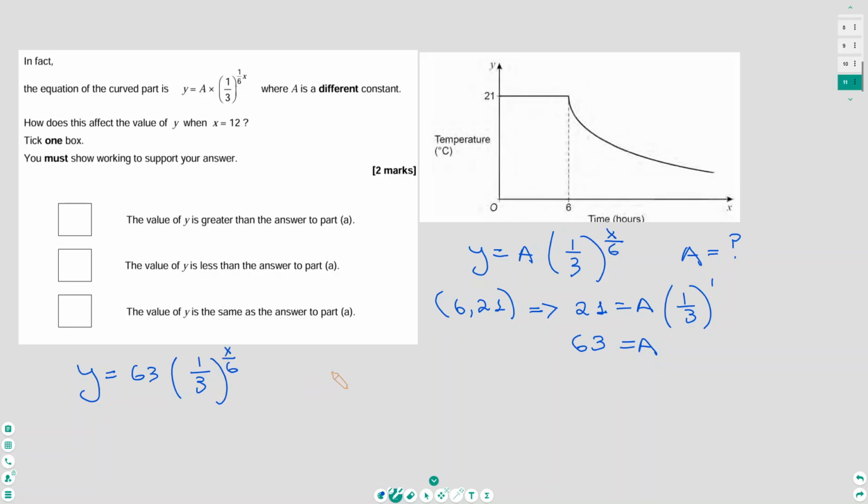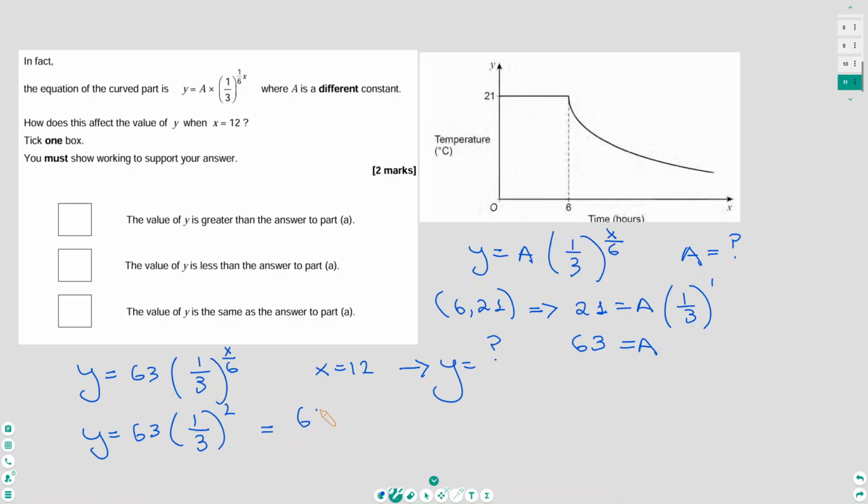And now let's check, when x is 12, what happens to y? When x is 12, the exponent is 12 divided by 6, which is 2.